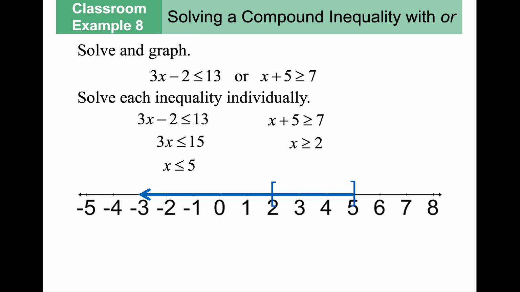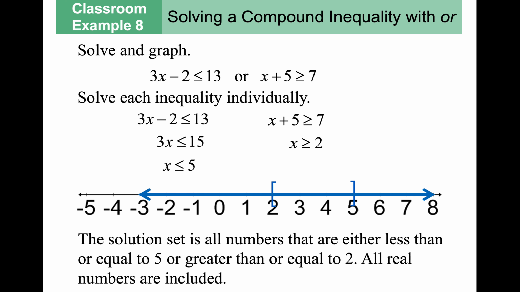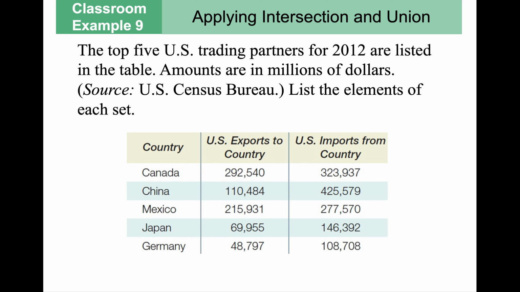So see, even though I've drawn this on one thing, the actual set is covering all parts of the number line. Do you see that? So that means that all numbers, because if I'm looking at all numbers that are less than 5, but greater than 2, that's an arrow going in each direction. So all real numbers are a solution to that set, which we would show as negative infinity to positive infinity.